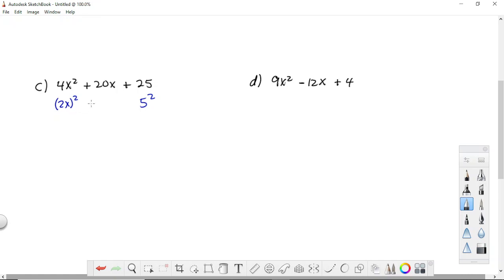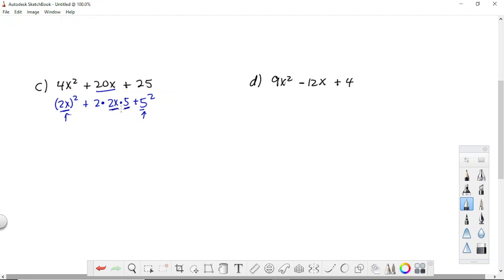So the term in the middle has to be, in this case, 2 times 2x times 5. Okay, so the 2x is right there, the 5 is right there, and it's the product of those, but then times 2. And 20x is indeed that. It is 2x times 5. Again, the 2x comes from there, the 5 comes from there, and then times 2.